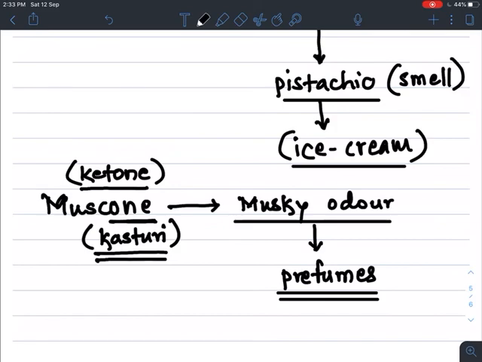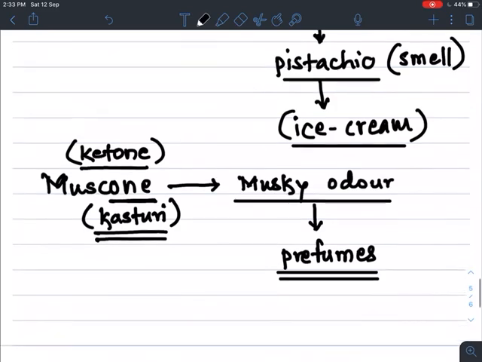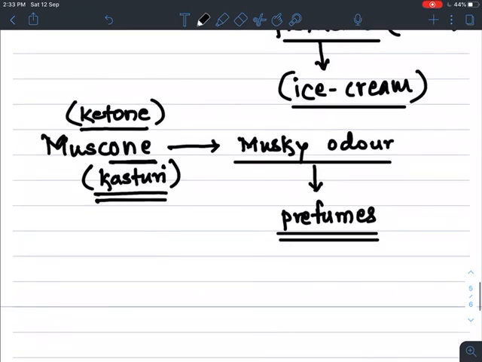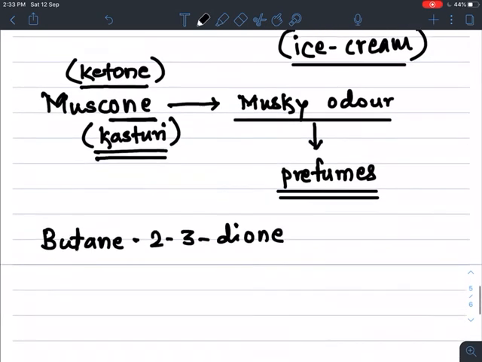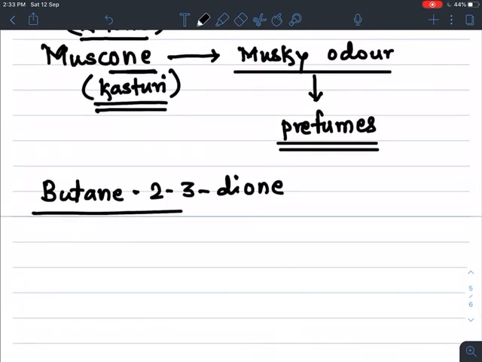the preparation of perfumes. Now one more example of ketone is butane 2,3-dione. So how to write the formula of butane 2,3-dione? Once we know the name, how can we write the formula?